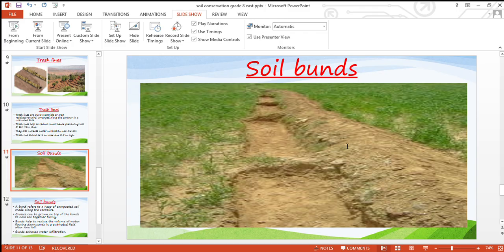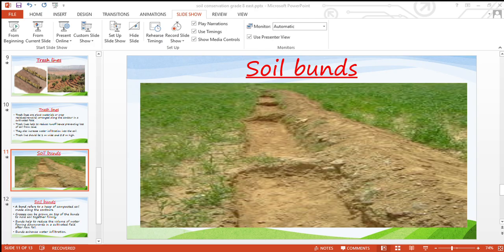Now, from our whiteboard, the picture is loading, don't worry. So from our whiteboard, we can see a picture of soil bunds. How many have ever seen soil bunds in farms?